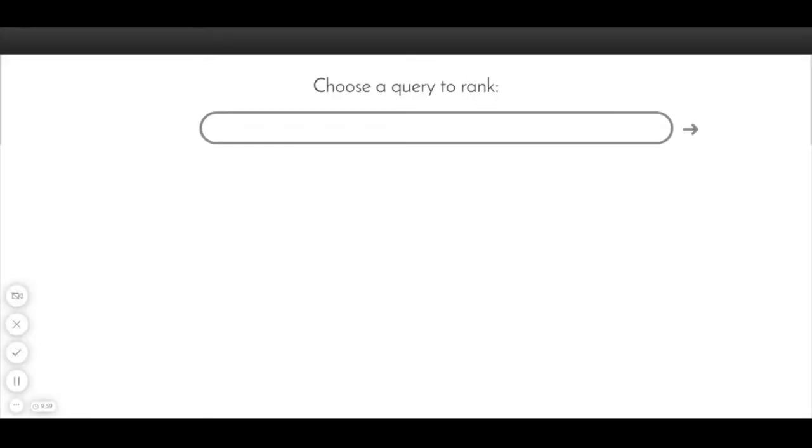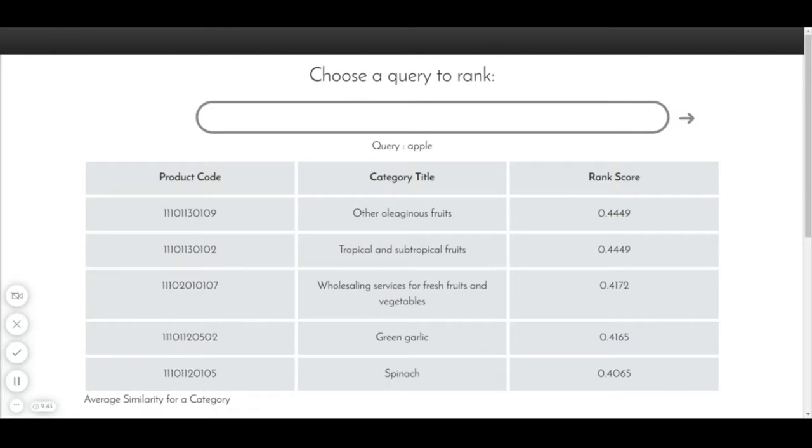So this is the web application that we created to rank the different categories for a certain query, and let's take a look at how this works. We type in any word, let's say apple, and it classifies your different categories and gives them a rank score.